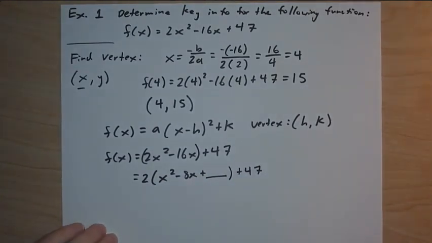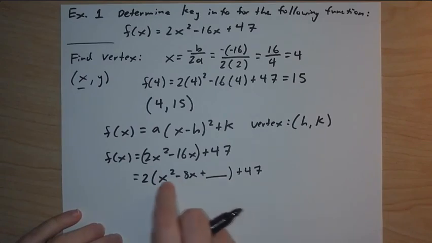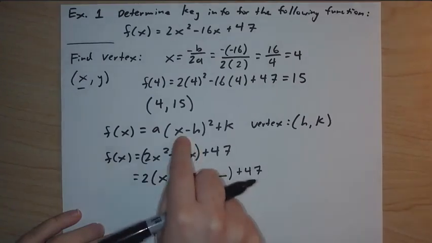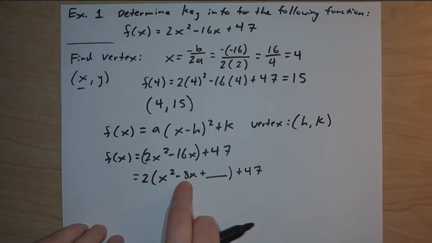The next step, after you factor that out, is that we want to add a number in here. Whatever number we add into this place will make this polynomial a perfect square. The way we know what to add is we take our b, divide it by 2, and then square it.